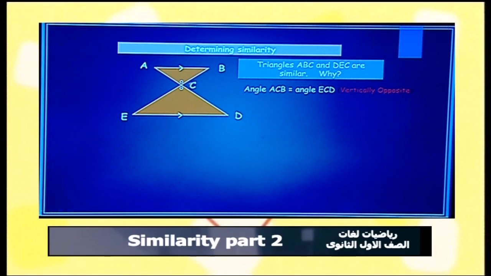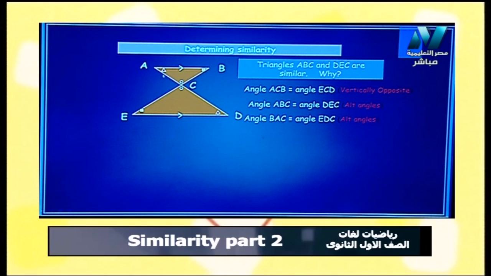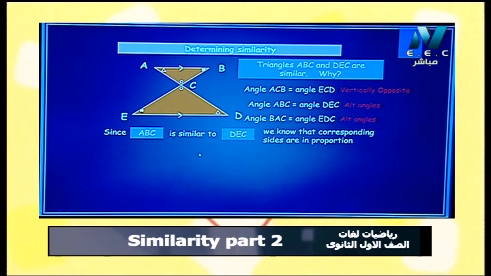And we have angle B equals angle E because of alternate angles, because we have AB parallel to ED, and this angle B equals this angle E because of alternate angles. We also have measure of angle A equal to measure of angle D because of alternate angles. So the two triangles are similar, since triangle ABC is similar to triangle DEC.